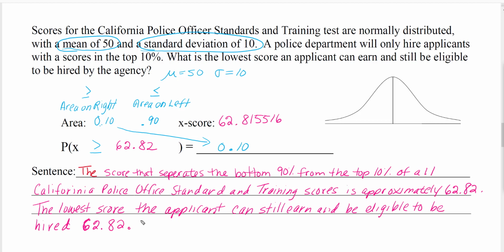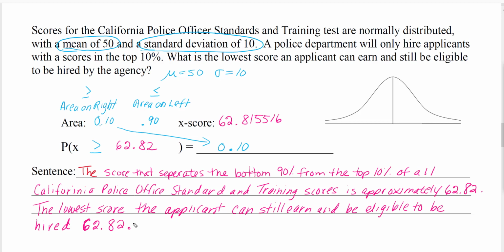That's really the interpretation of it. How did I know to write that? Well, it asks what is the lowest score an applicant can earn and still be eligible to be hired by the agency. So that's how I knew to write that sentence. So sometimes it's good for your understanding to write both types of sentences.